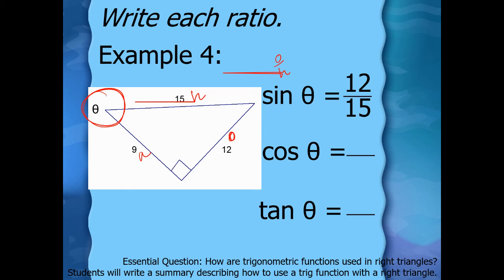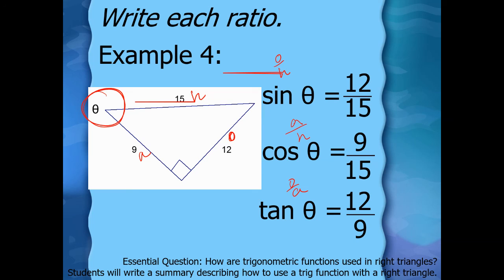I'm sorry about all those extra little marks, that's my machine. And then the cosine is the adjacent over the hypotenuse, which would be 9 over 15. And then the tangent is the opposite over the adjacent, which is 12 over 9.